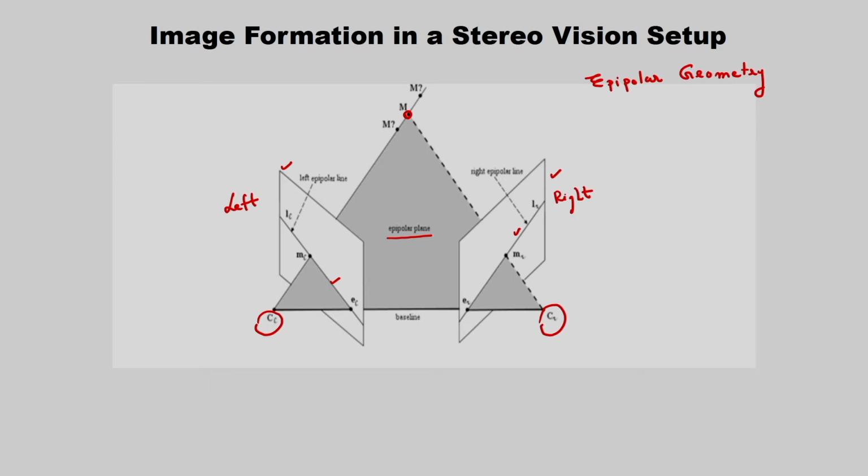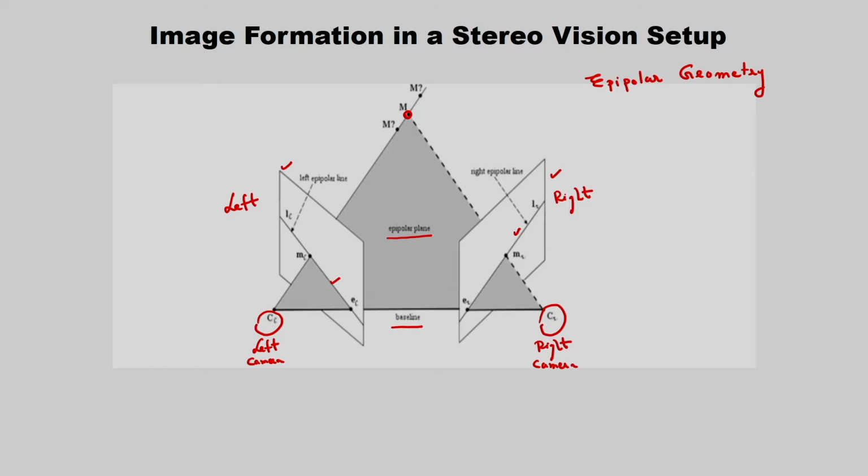And corresponding to this I have the baseline. If you see, this is my left camera, and this is my right camera. The line between the left camera projection center and the right camera projection center is called the baseline.